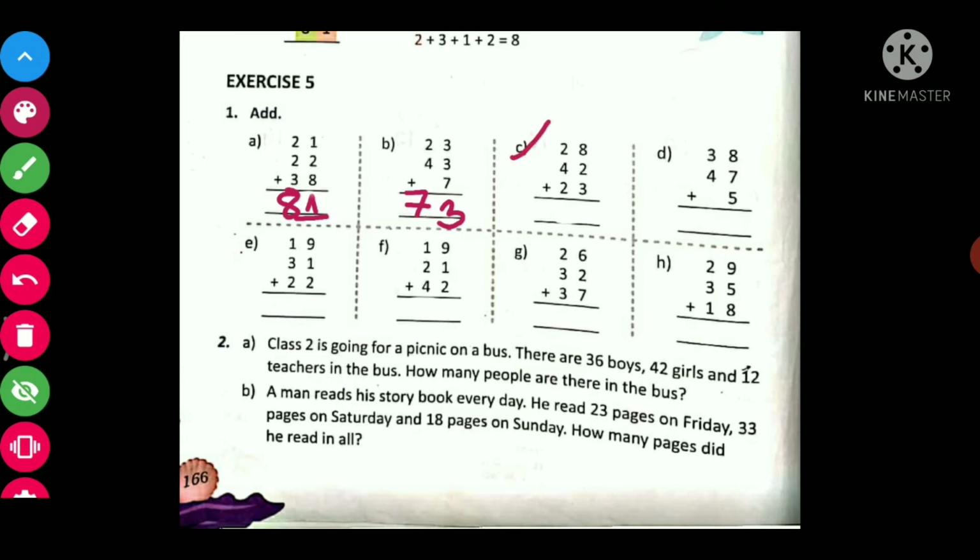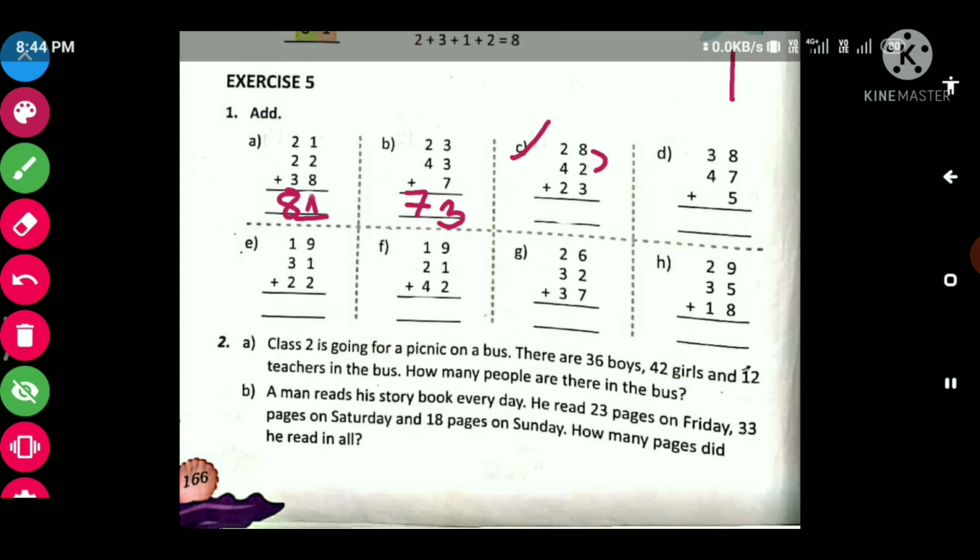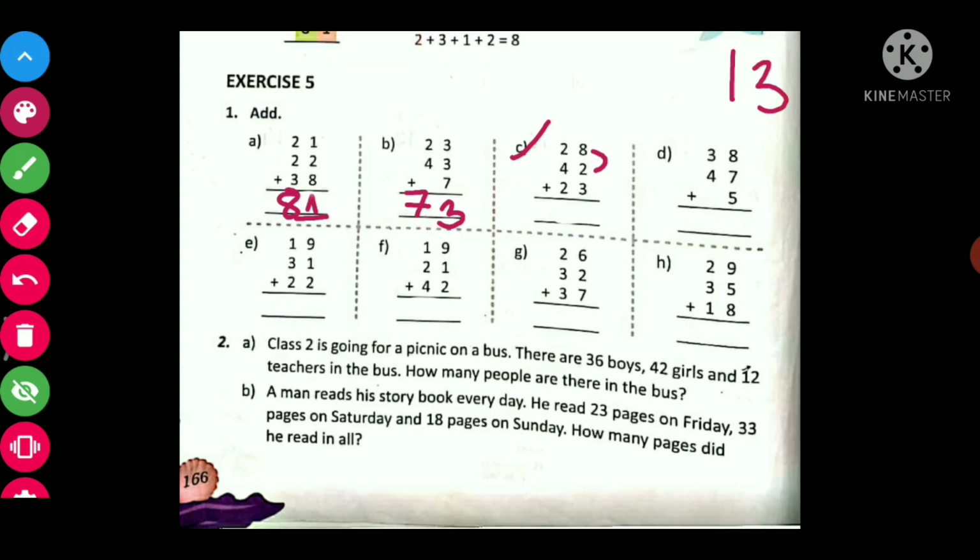So here we'll start, 8 plus 2, it will be how much? 10. 10 plus 3, it will be 13, right? So this 3 is in ones place and 1 is in tens place.